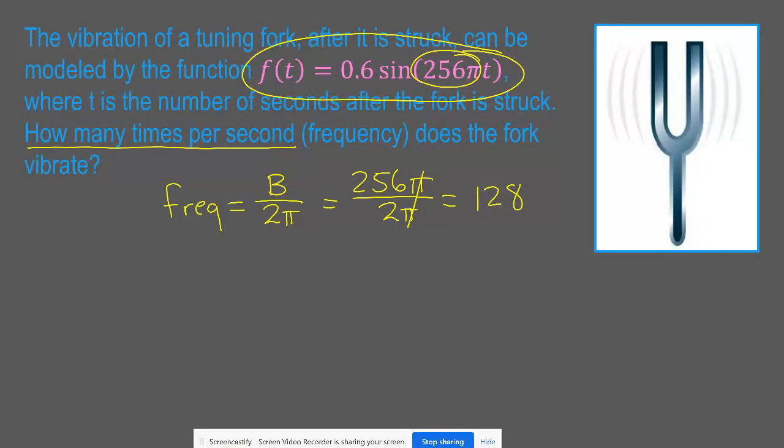It's the frequency here. And vibrations per second, or the number of times it does something per second, can also be represented by hertz, which we're not really going to talk too much about. The important thing is that you get the 128 number, that it would vibrate 128 times per second.